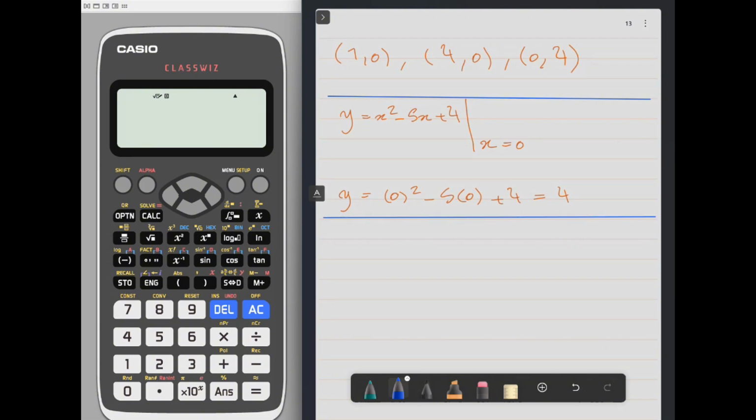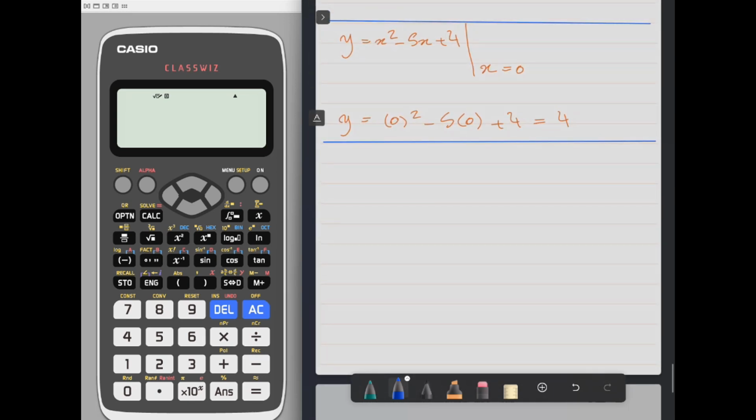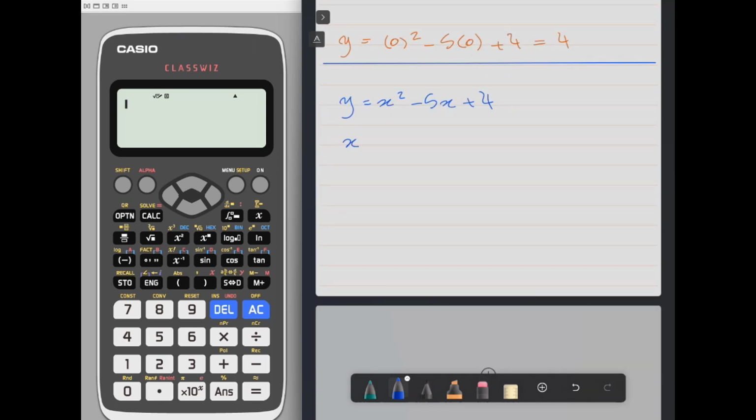Right. So you have y equal to x squared minus 5x plus 4. You have to complete the square of this one, guys. How do I complete the square? So we said that for x squared minus 5x, I have to deal with these two terms only. So it is going to be (x minus 5 over 2) squared, which will become x squared minus 5x plus 25 over 4. So I'm gonna add 25 over 4 and take it back later.